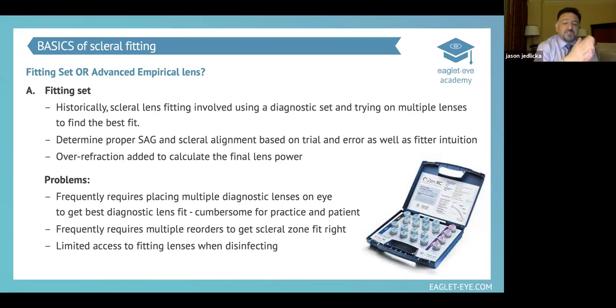We also have to deal with disinfecting lenses. And again, these lenses are supposed to soak for 3 hours in peroxide after each use. Do you want to tie up your diagnostic set that long? And again, living in this COVID, maybe hopefully post-COVID world that we're moving towards, we still have the concern that using diagnostic lenses over and over again is less desirable for our patients.